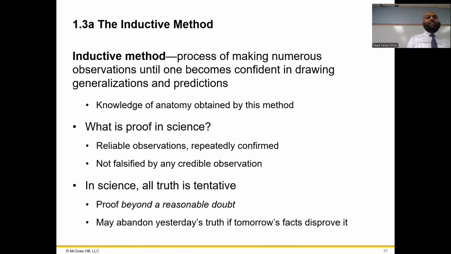And then there's the inductive method. The inductive method is the process of making multiple observations until you have generalizations and predictions. And by the way, this is not just for scientific experimental design with anatomy and physiology. There's psychological research, there's sociological research.